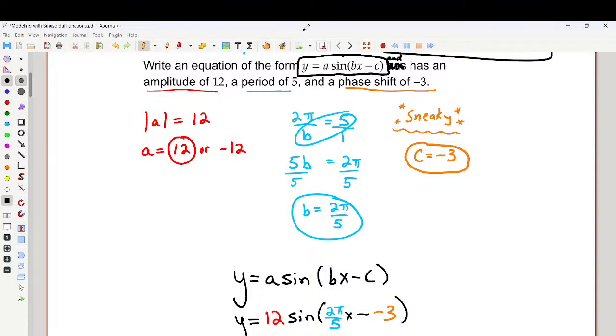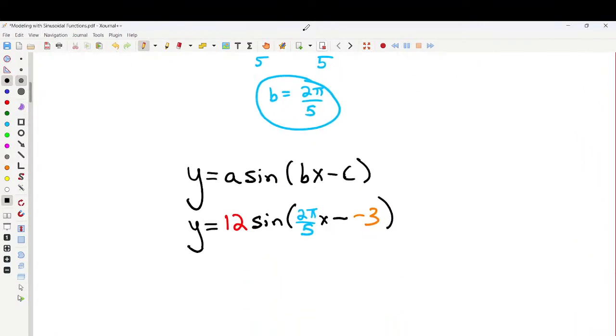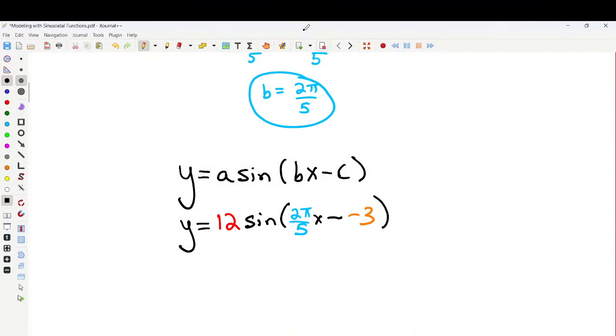Not because this is a double negative. Even if you change that to plus 3, this would be marked wrong. So this is wrong.